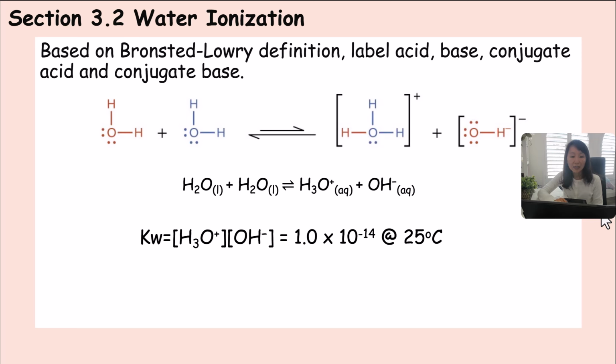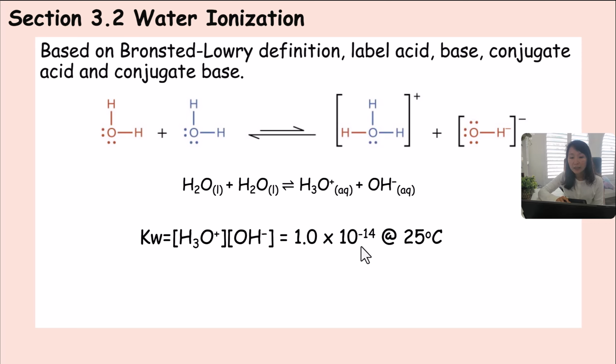In the next slide, you will see that same equation here, but you'll also see the actual value of Kw. This is 1.0 times 10 to the negative 14. Very, very small value. Now that we know the value, we can do some calculation in the learning check.